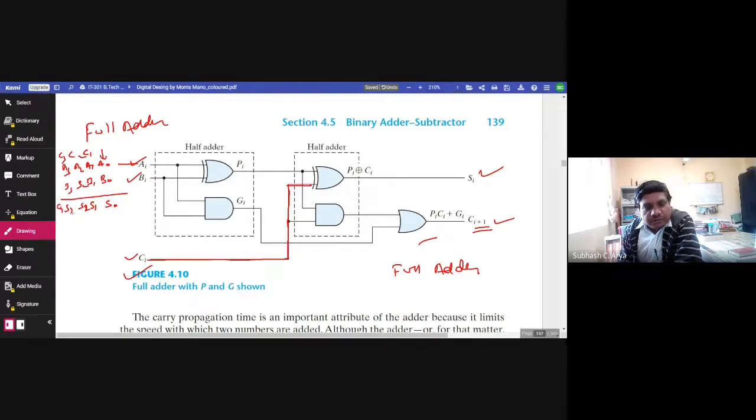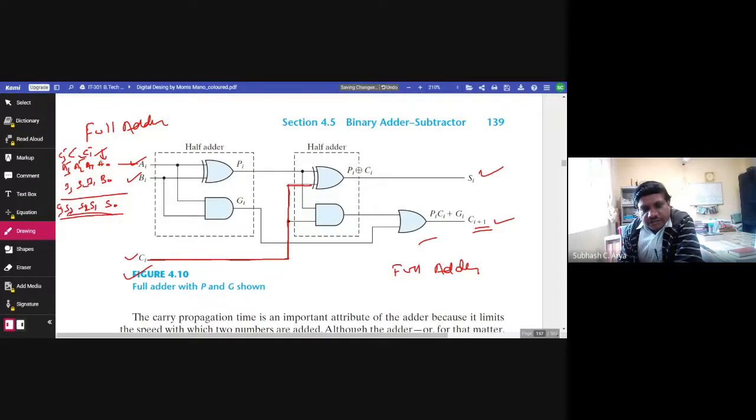So what is going on? You observe that S0 is immediately available as soon as the inputs are available. However, S1 is available only after C1 is calculated. Similarly, S2 is calculated only when C2 is available. Similarly, S3 is available only after C3 is calculated, and lastly C4. Then only the solution is complete. So we are observing that carries C1, C2, C3 have to be generated in order to get the sum.